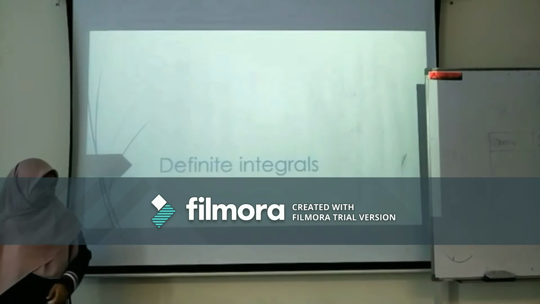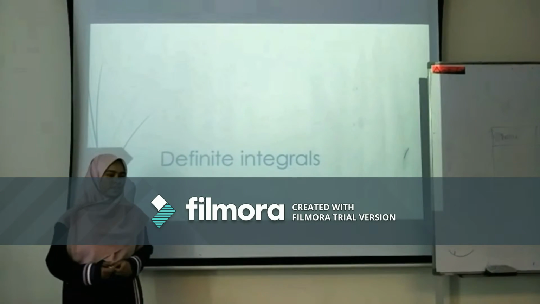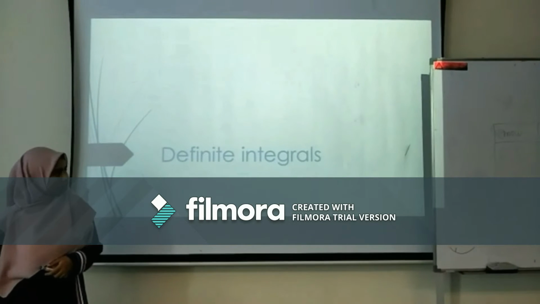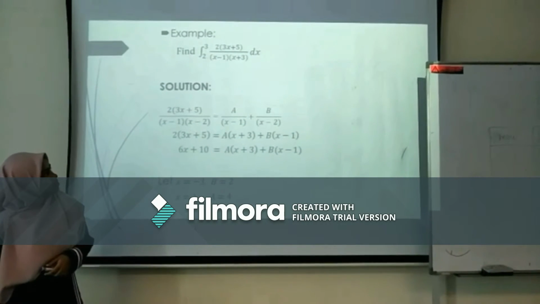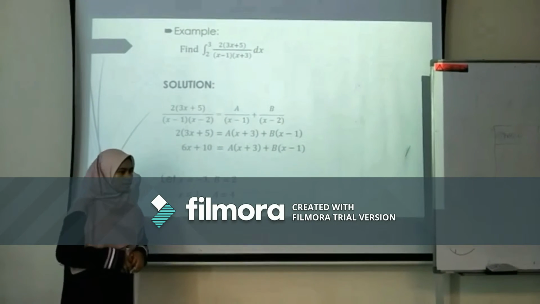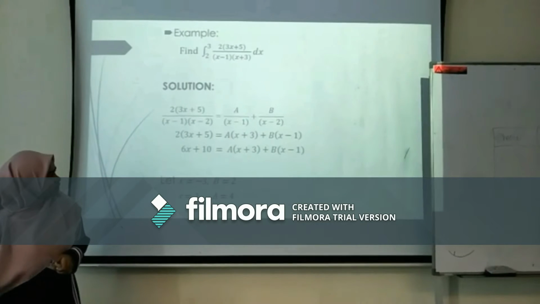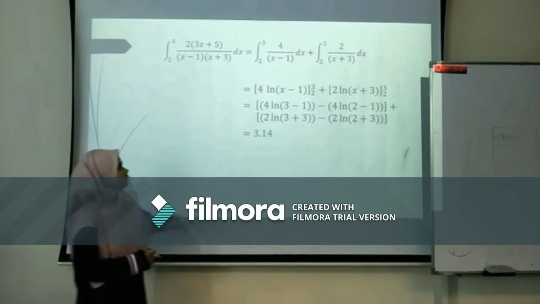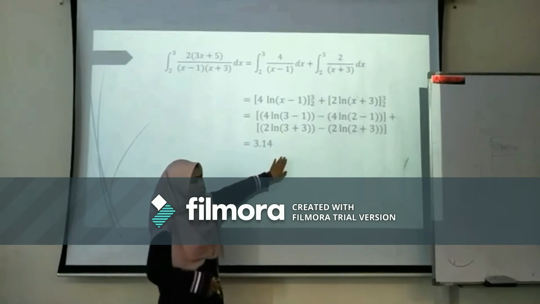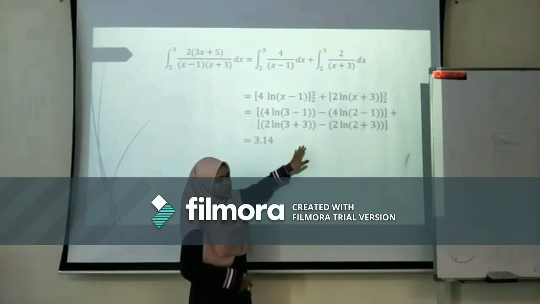We know that definite integrals have the interval. Actually, the steps are the same, but after you integrate, you need to substitute the interval into the equation until you get the exact value. Okay?